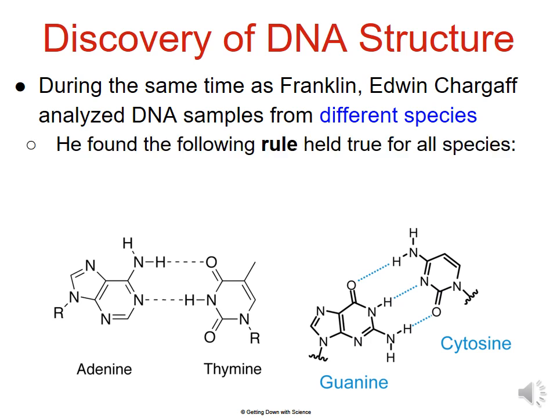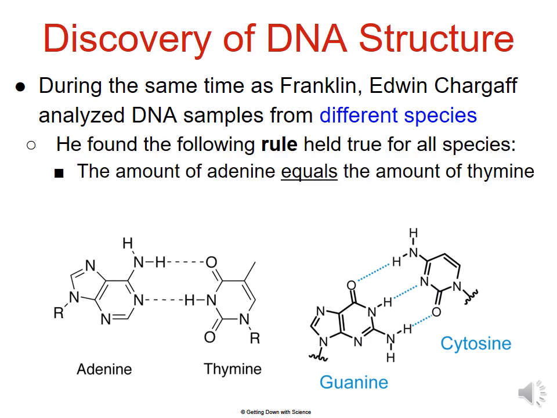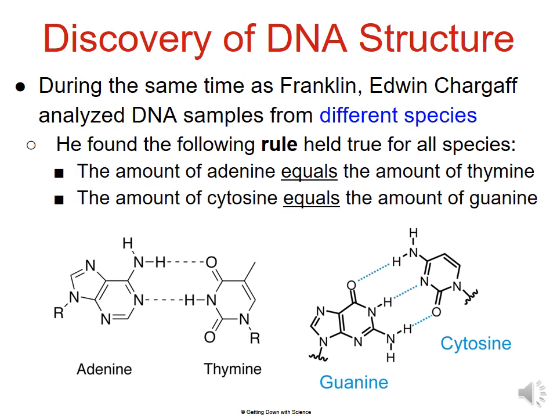And so he found this rule that's held true for all species that we're aware of at this time. The amount of adenine equals the amount of thymine, and the amount of cytosine equals the amount of guanine. This is the reason that we always talk about how A and T go together and C and G go together, because these are the ones that pair with each other. We should have the same amount since DNA has two strands.